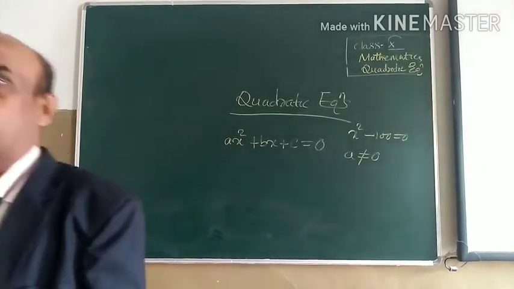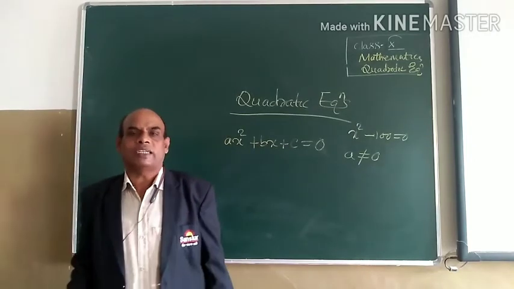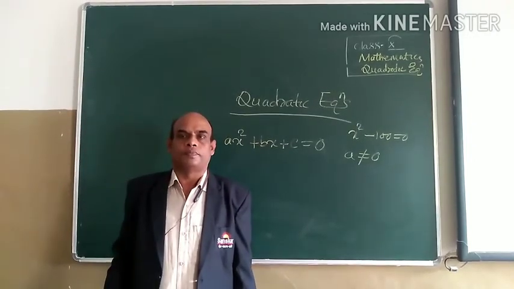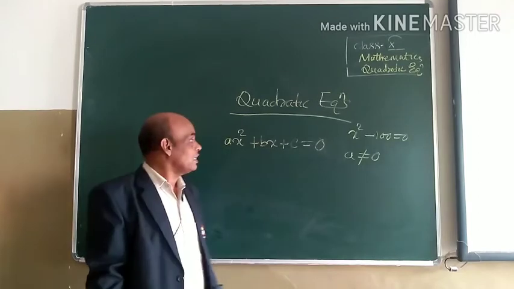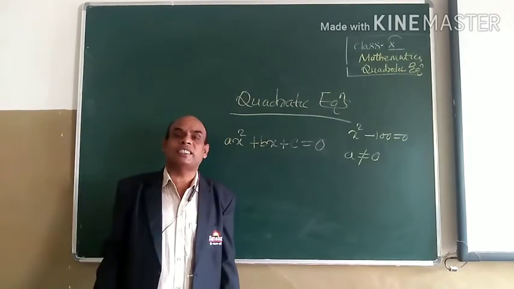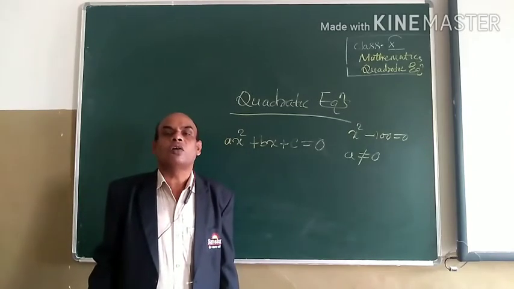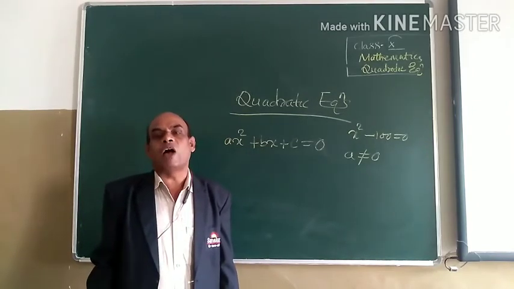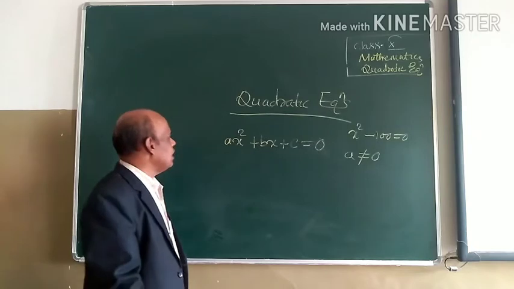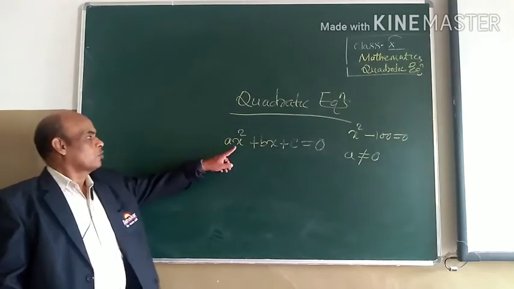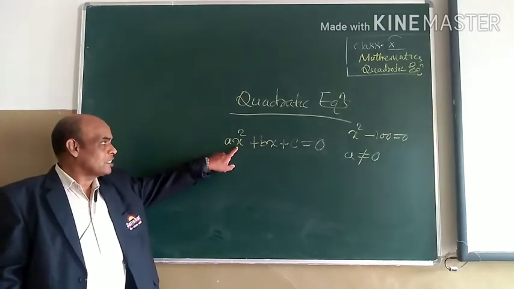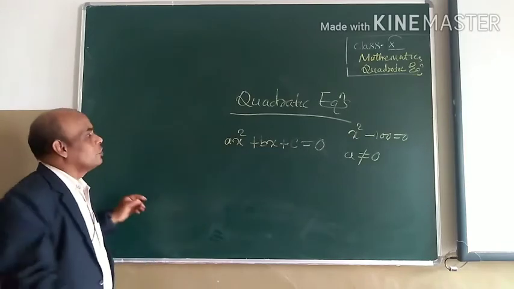What happened? If ax square plus bx plus c is a quadratic equation, how can we determine the roots? That we will now study. So you see here, the coefficient of x square is a.